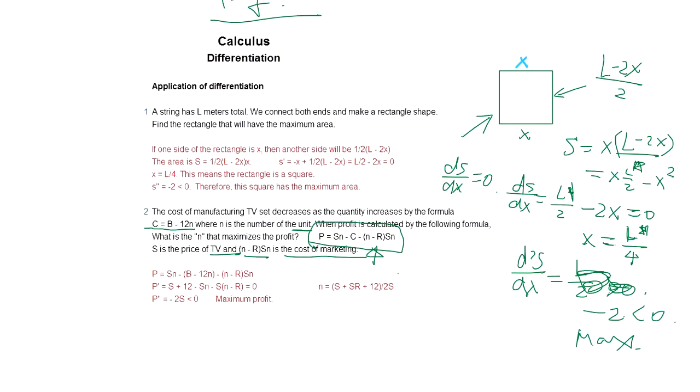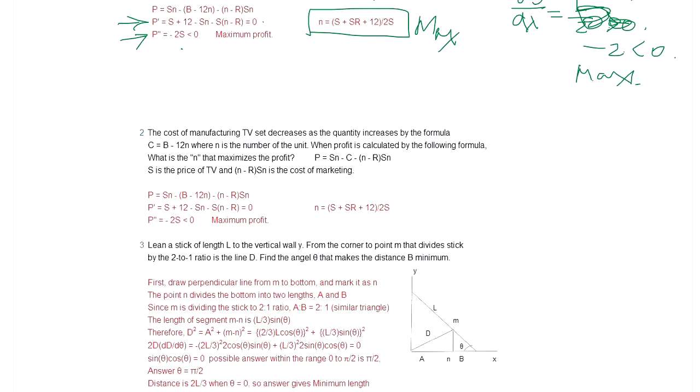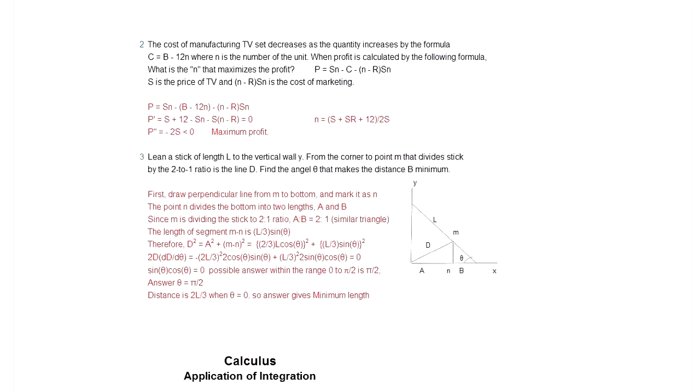Okay, so what you do is take a derivative, set it to 0, so you get n. And take the second derivative, make sure it is negative, then it's a max. Okay. Next question. We covered this already.